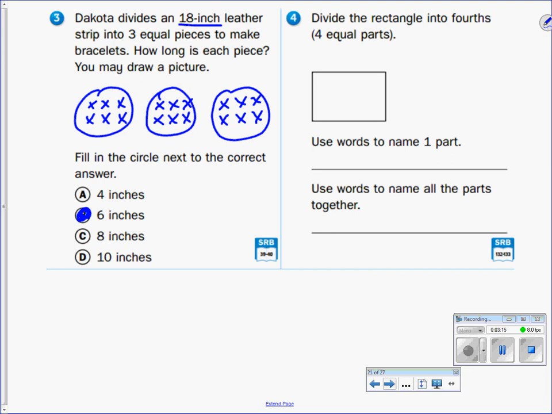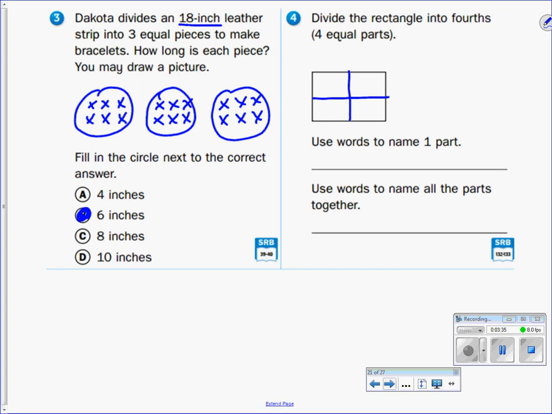Number 4, divide the rectangle into fourths. That means 4 equal parts. So we can take it and go right in the middle of both sections, which gives me 1, 2, 3, 4 equal parts. Use words to name one part.